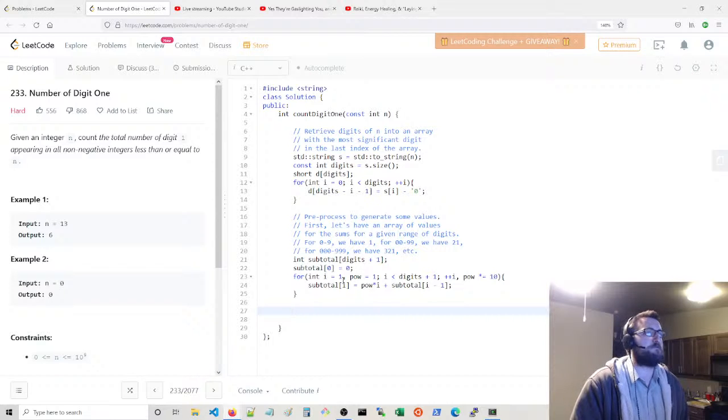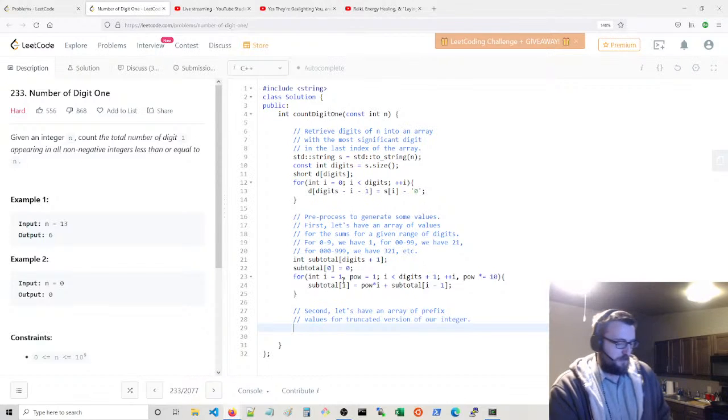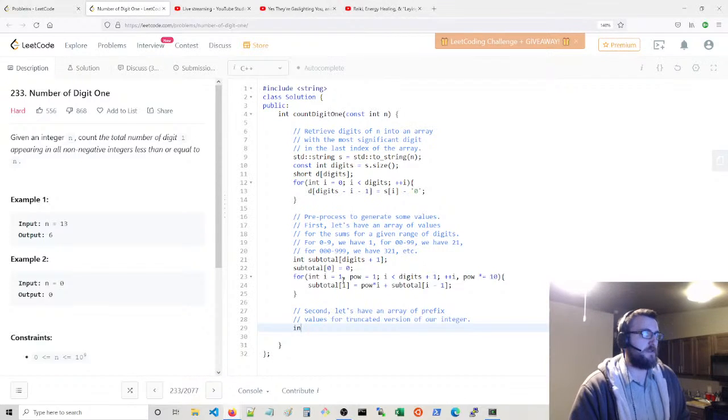And second, let's have an array of prefix sums values for truncated versions of our integer. So this is kind of interesting. We're going to go, so int current we'll say is 0.